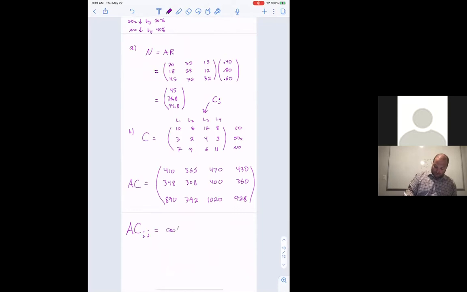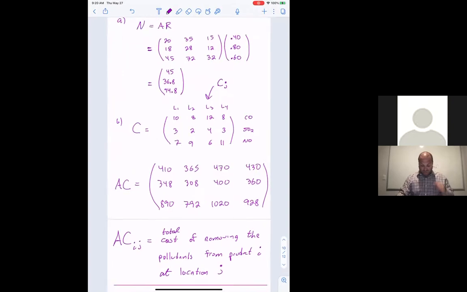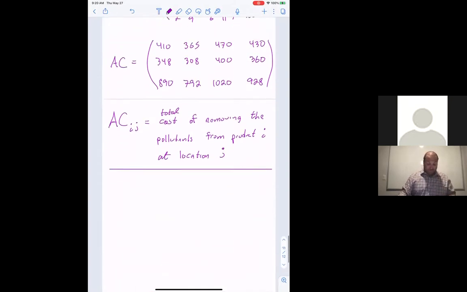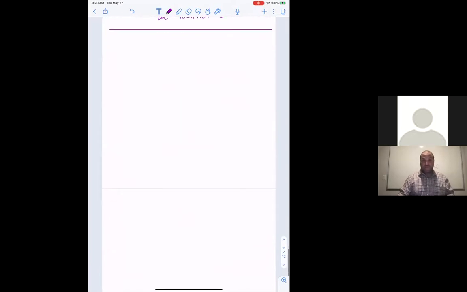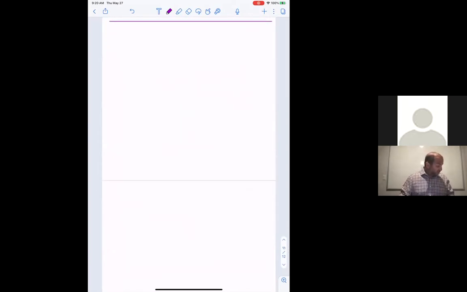So it is the total cost of removing the pollutants, or is it removing or reducing? Yeah, removing the pollutants from plant i at location j. It is physically what the ij entry of AC is representing. And that takes us to the end of exercise 9b.